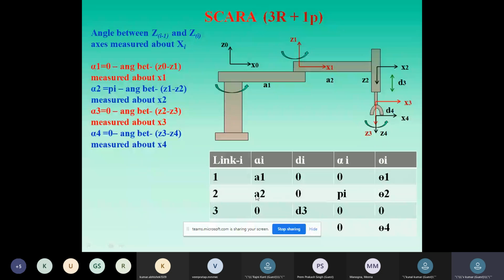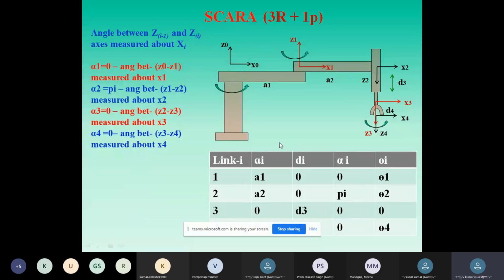For link 2, Ai will be A2, Di will be 0 again, and alpha i will be pi, because Z1 and Z2 are in opposite directions. So the angle between Z1 and Z2 equals pi, and theta 2.